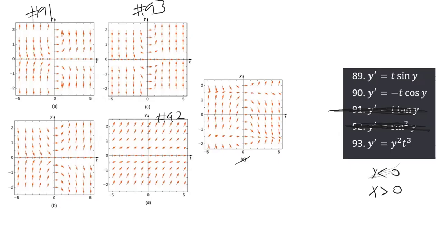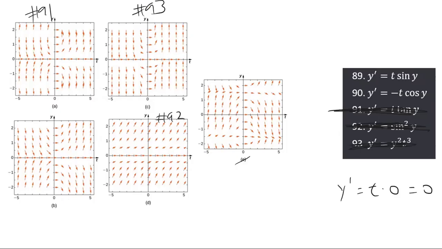Now we have 89 and 90 left. Notice that when we plug y equals 0 into 89, we get y prime equals t times 0, which is 0.